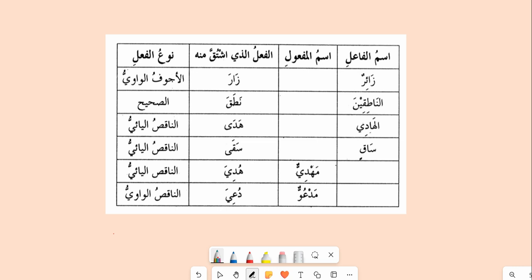So let's see, we will do it on the whiteboard. So here it's ismun fa'il. Za'irun comes from zara. Remember in zara we have the original scale, zawirun. We have a waw in between. This is the original one. But when you make ismun fa'il, the waw changes to hamza.